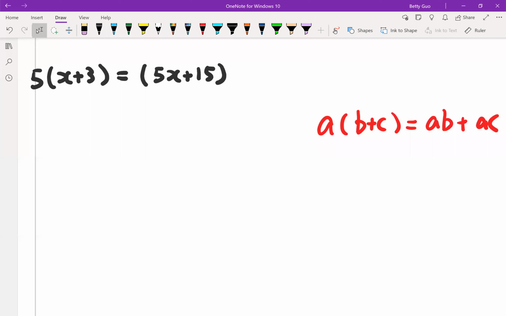The parentheses are like walls, right? You have to break them, and you can free those terms, and you can move them around and combine them.